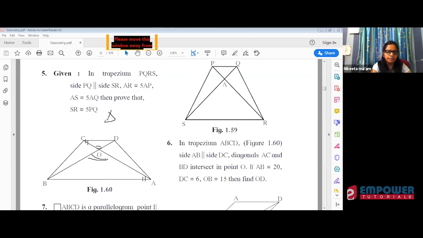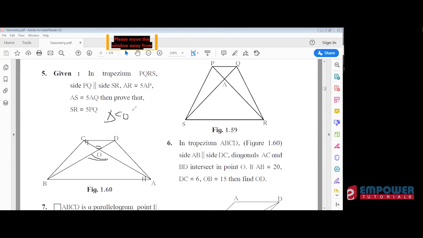So triangle COD is similar to triangle AOB. Therefore, you can write AB upon CD is equal to OD upon OB is equal to OC upon OA.